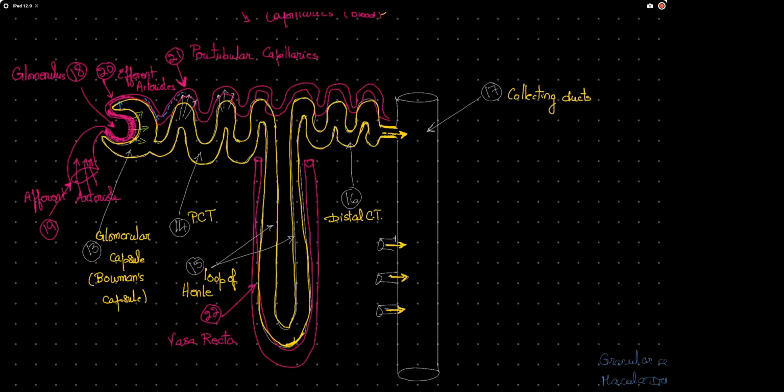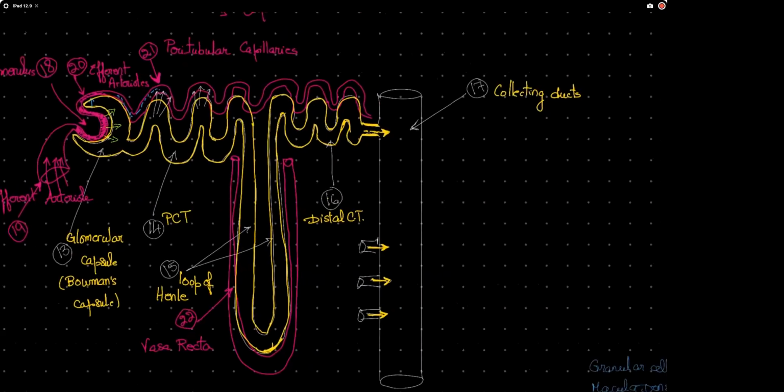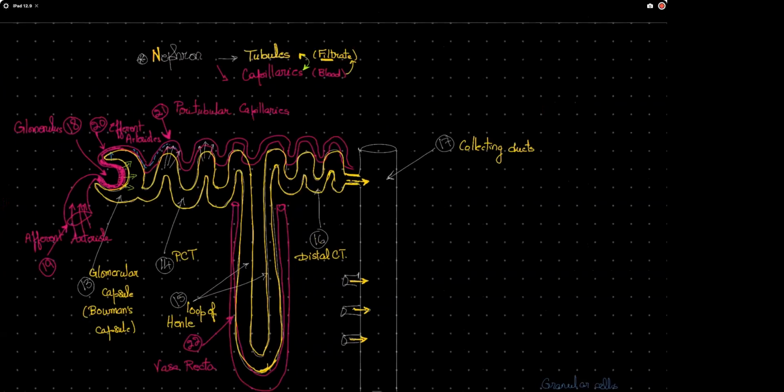Do you remember what did we call them? What are the two types of nephrons that we've got? We are looking at the two types.